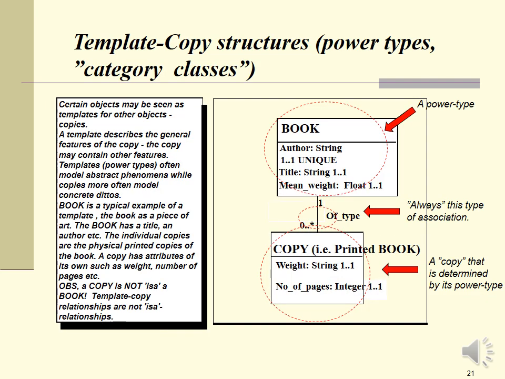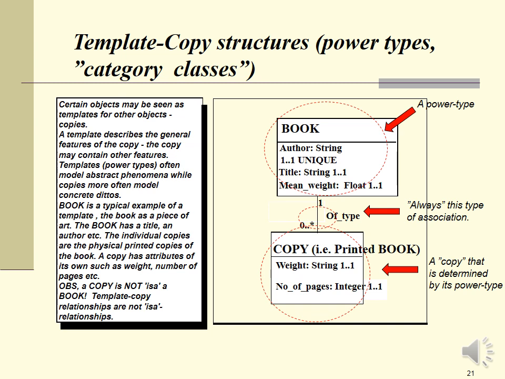So a template copy structure, or power types as it is called, or category classes. Here you can see that certain objects may be seen as templates for other objects. And those other objects that can use the templates are called copies. So in this case, for instance, we have a power type which is called book.